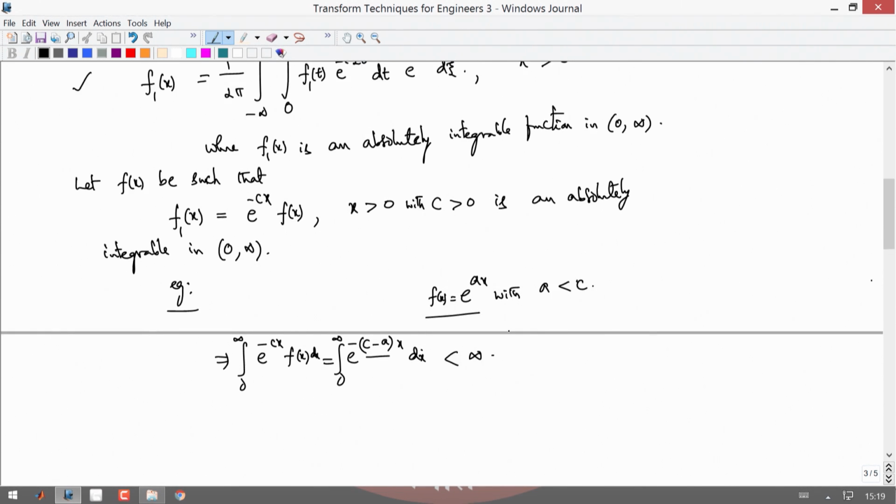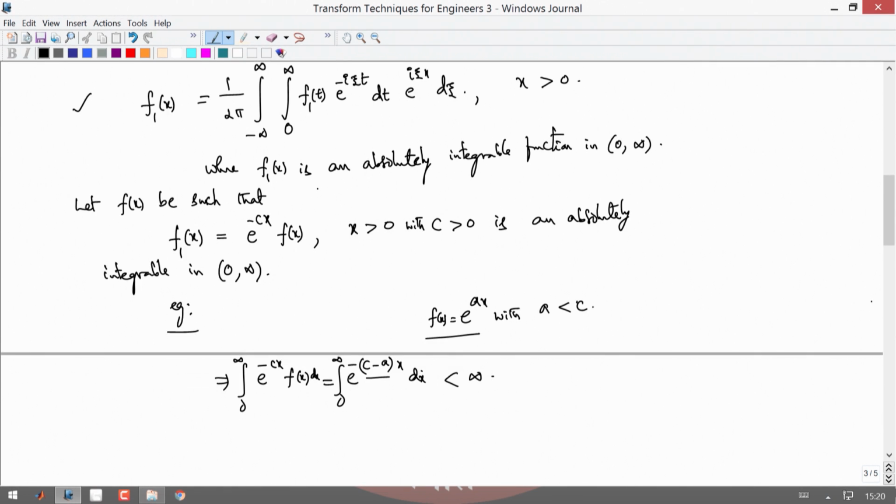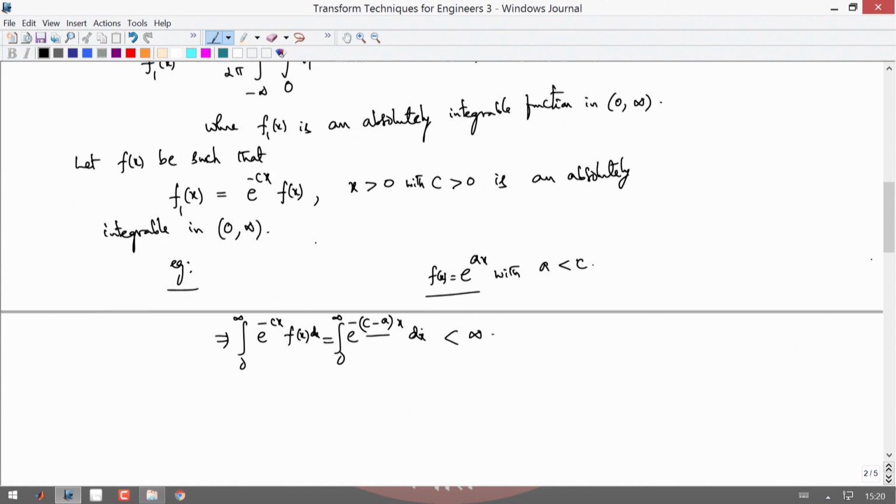So, if you consider such a class of functions, now substitute f 1 in the Fourier integral theorem; you substitute e power minus c x into f of x.